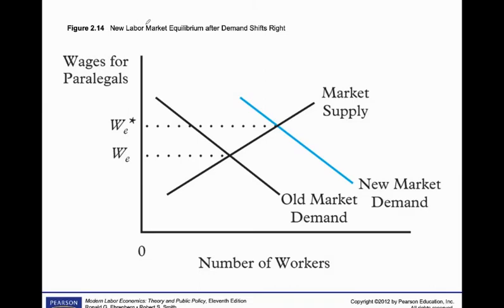In this diagram, we want to show the change in the labor market equilibrium. Very quickly, let's note that WE is the initial position in the economy, where this is the initial equilibrium point. Now let's assume something is happening in the labor market that causes the demand for labor to shift to the right. Please think of one example that can result in the shift to the right of the demand curve.